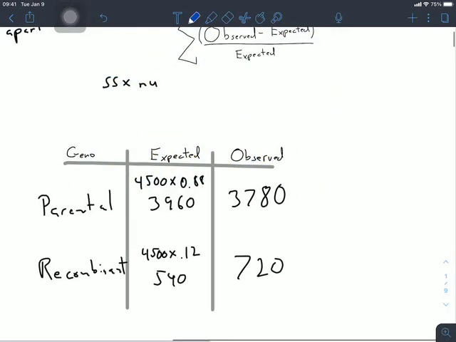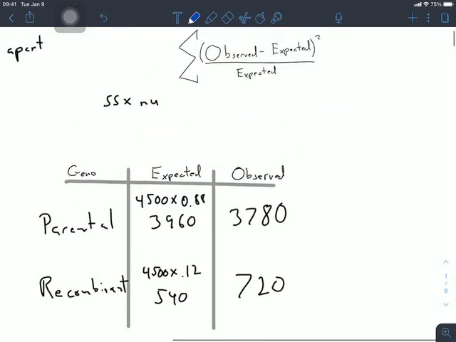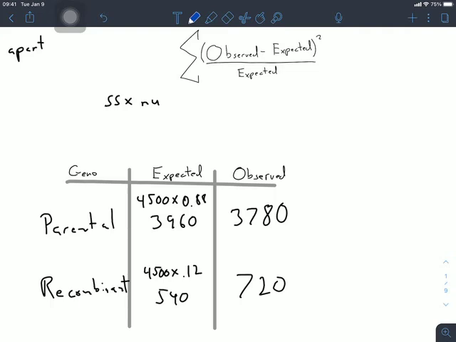Well, let's do the math. For our parental, we set up our observed 3,780 minus our expected 3,960. Square that value. Divide by the expected value again, the expected being 3,960.